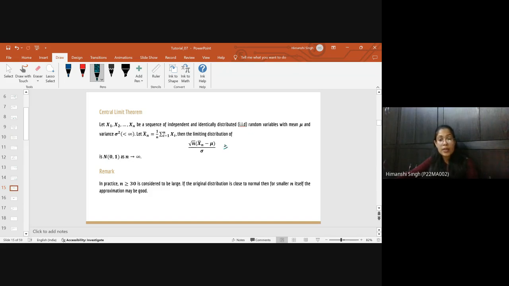It will be easy to handle and give a result very close to the true one. So this is the importance of the central limit theorem: we can consider a random sample from any population, and if the sample size is large, the limiting distribution of this quantity is the standard normal distribution.